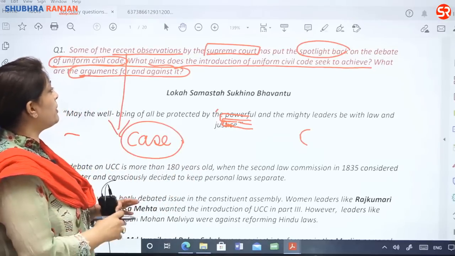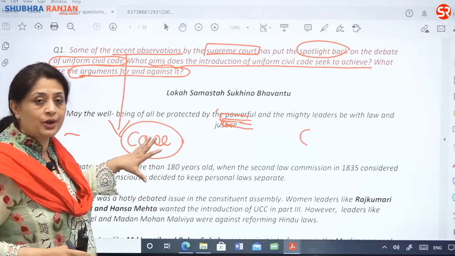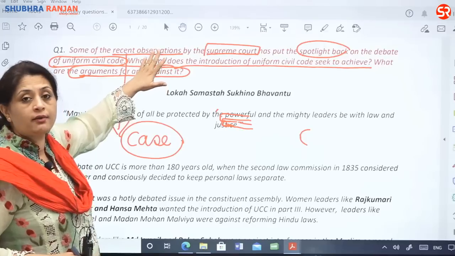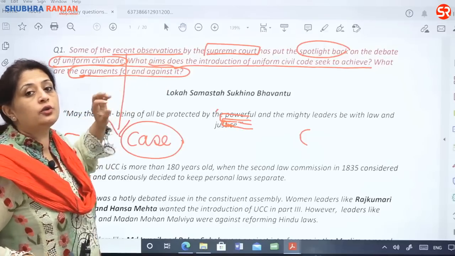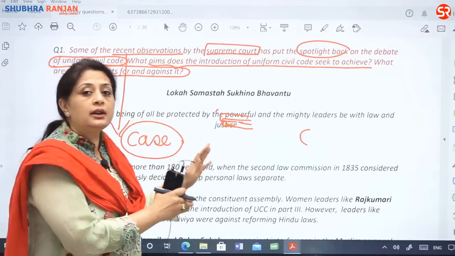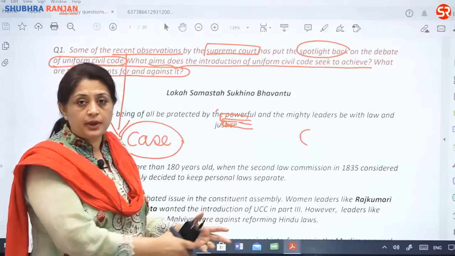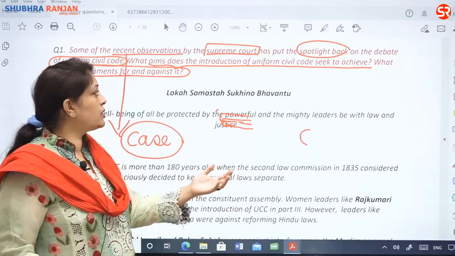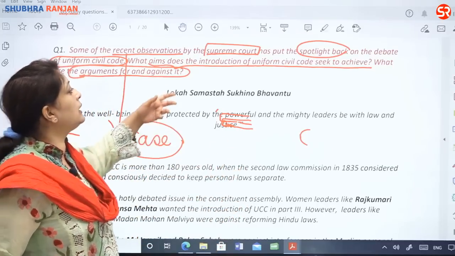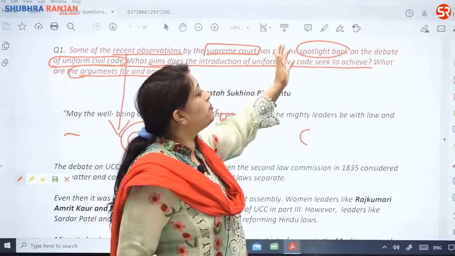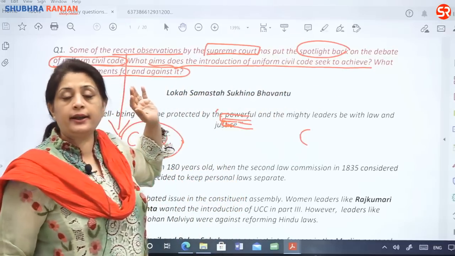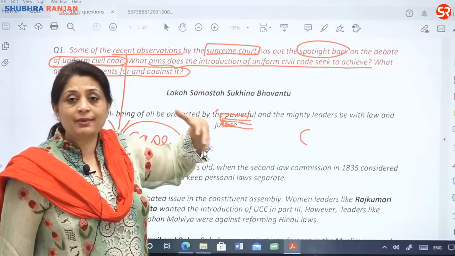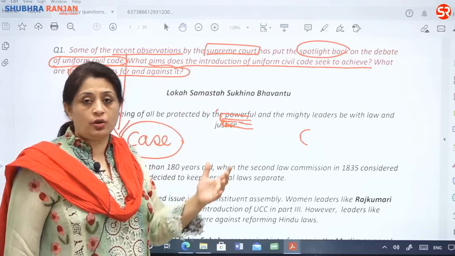So you should know about the recent observation. And what is the observation of the Supreme Court? The Supreme Court said that this is the shining example. So if you know, it's good. It has put the spotlight back on the debate. It means there has been a debate earlier also.